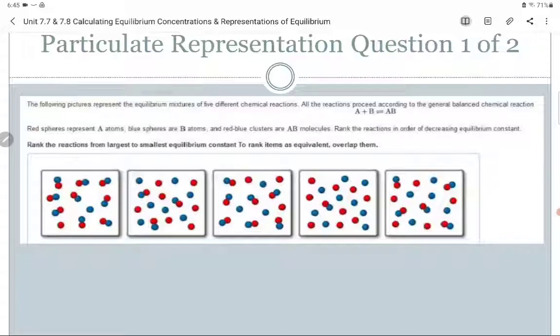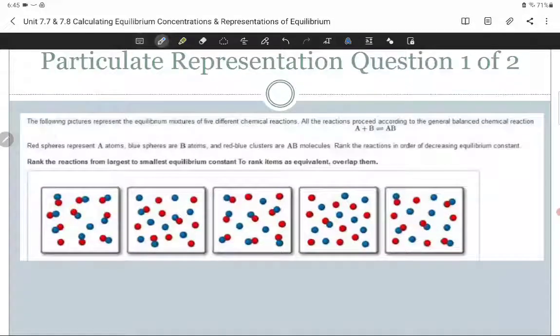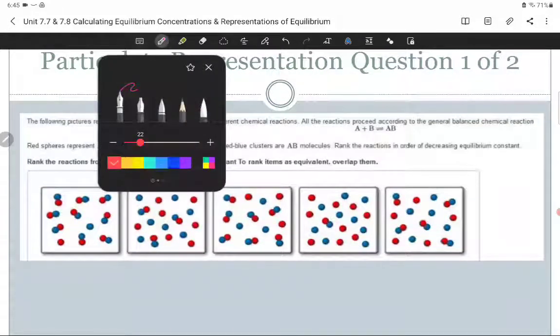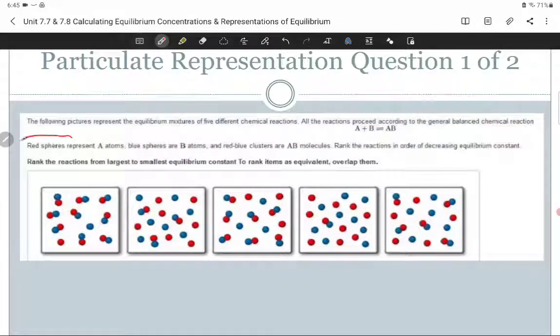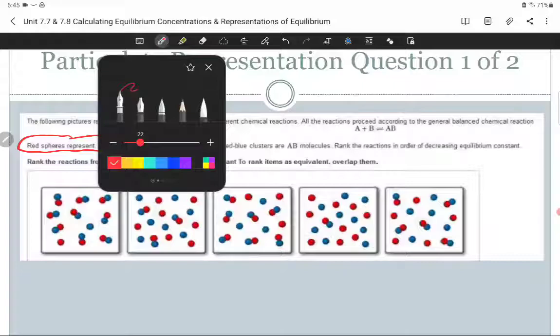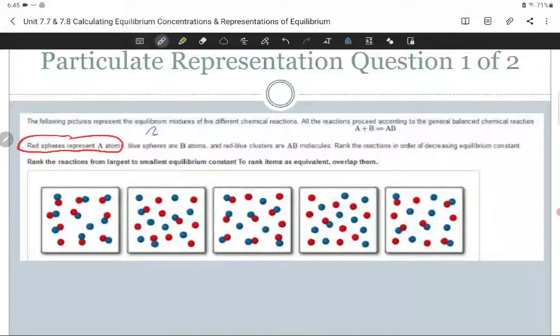It's just that you have to look at the particles instead of having set molarities or pressures, so forth. So this question says we have some red spheres. Red spheres are A, blue spheres are B. And then if you have a cluster, that's the products AB.